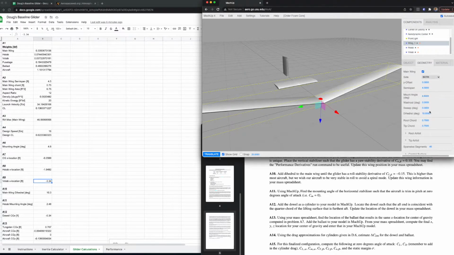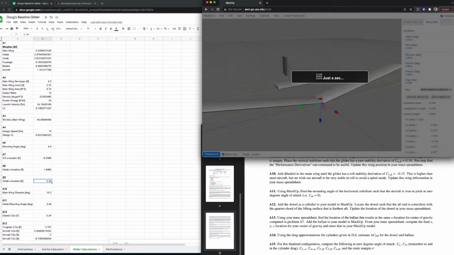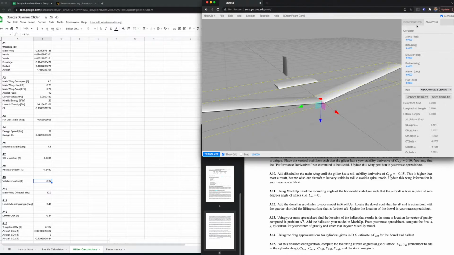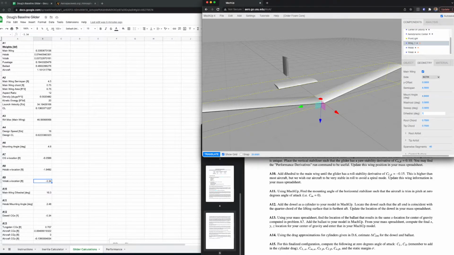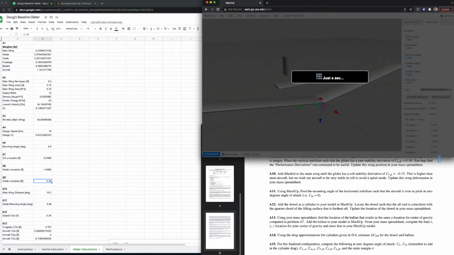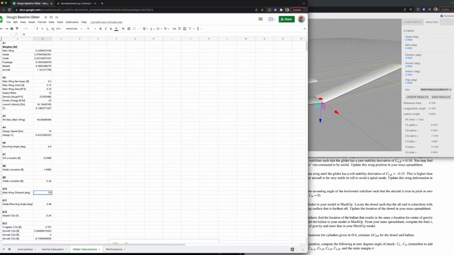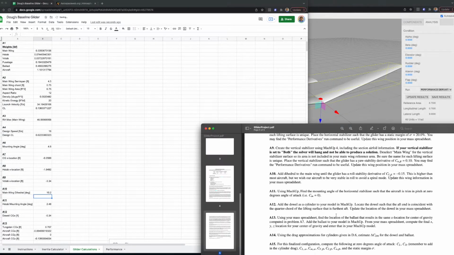We need a little bit more. I think the number I had before was 10.3. Let's try that and see where that gets us. Minus 0.1511. Okay, so a little much. So let's try 10.2. Okay, so that's real close. So I'm going to say that we need 10.2 degrees of dihedral here. So 10.2 is for A10 there.